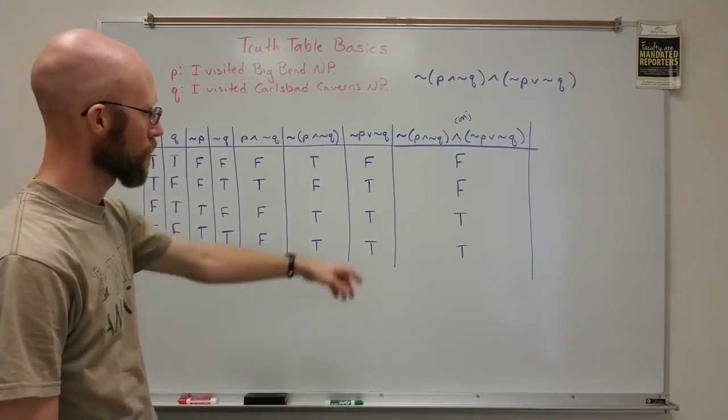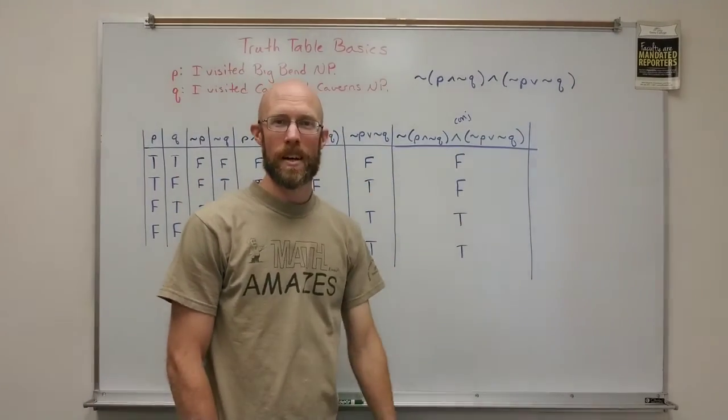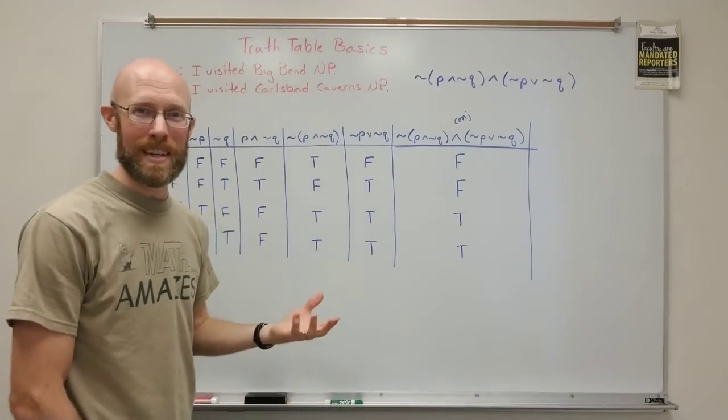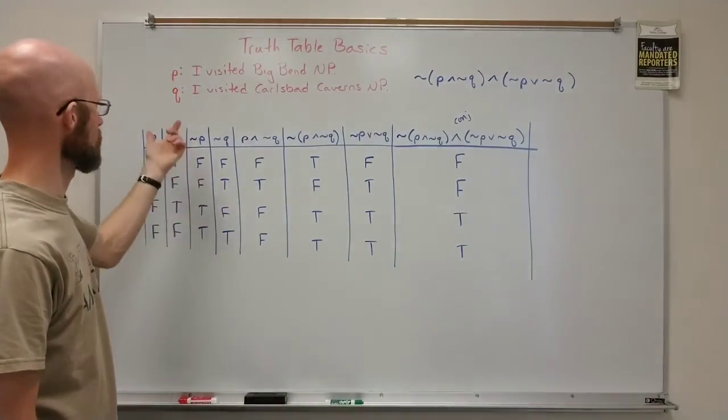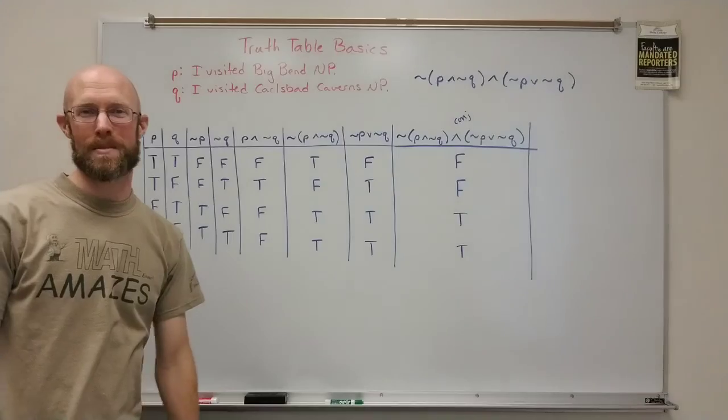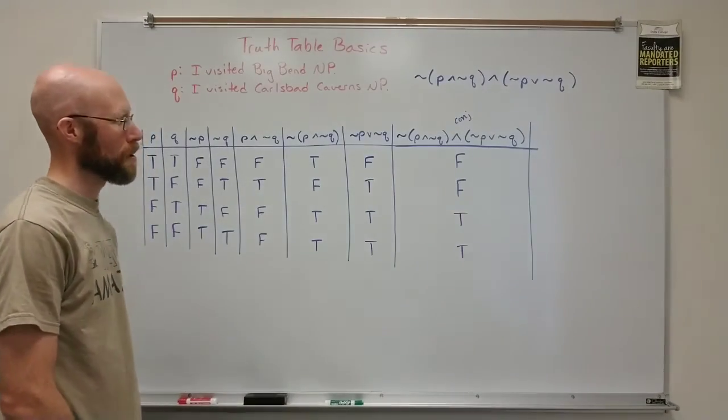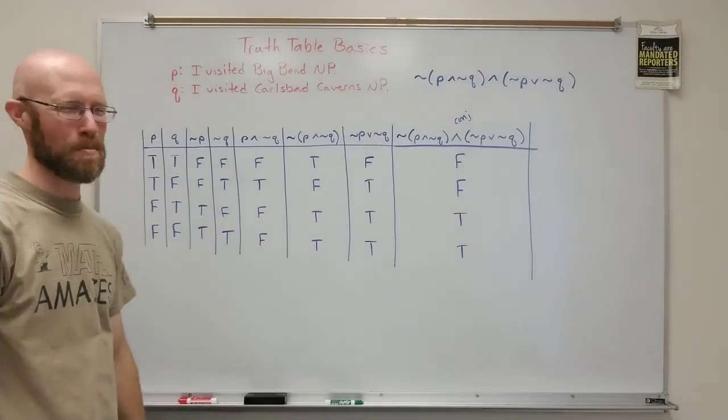And I suppose if I were to write this out in English, it would probably translate or simplify down to just, I did not visit Big Bend National Park, I suppose. Maybe not quite. It'd be more complicated than that.